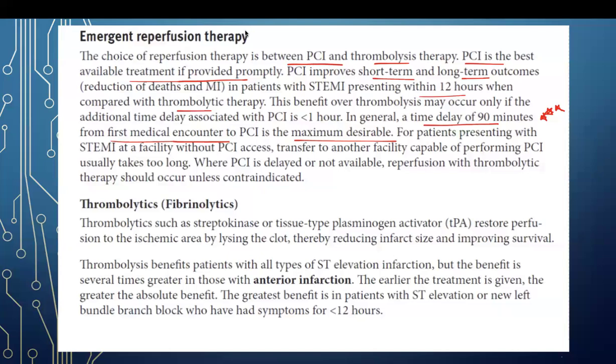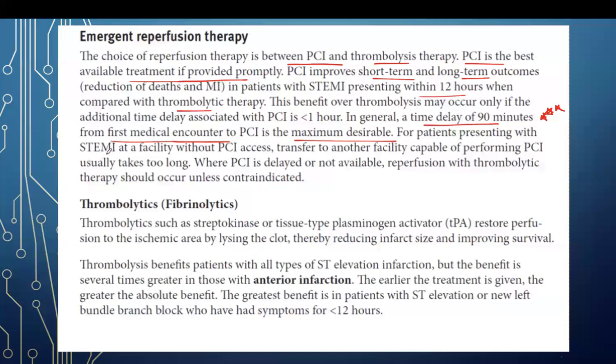But it doesn't mean that if we can't do it within 90 minutes, we will not do anything about it. As long as the patient presents within 12 hours of symptoms, we can do the PCI. So 90 minutes is just a delay in starting the treatment. Okay.